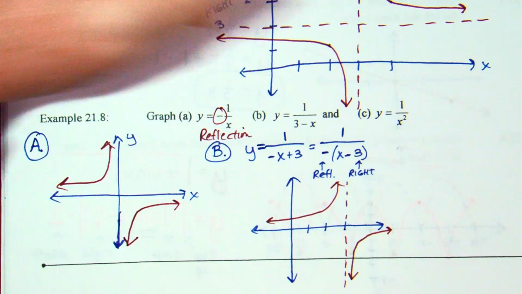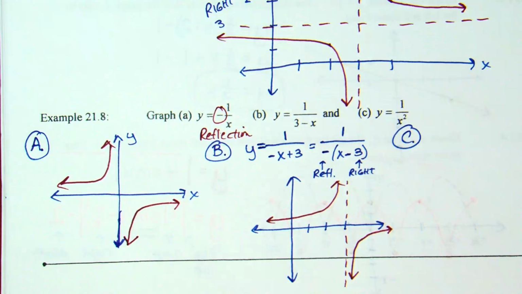Okay, C. Y equals 1 over x squared. What does that square do?